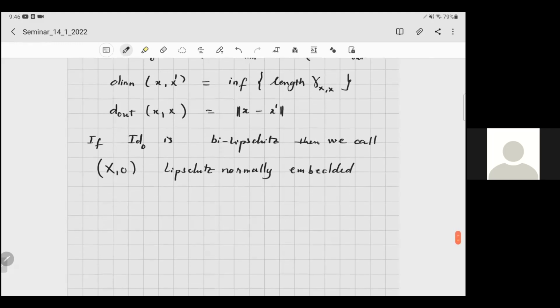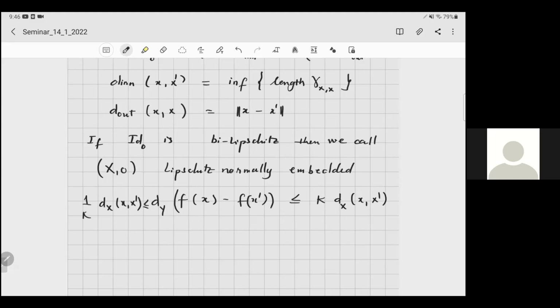What is meant by bi-Lipschitz? I recall the definition. It means that the map f is bi-Lipschitz if the distance of f(x) and f(x prime) is bounded by k times the distance of x and x prime. If you take the metric, let's say this is dy, from x to y, you get dx, 1 over k.